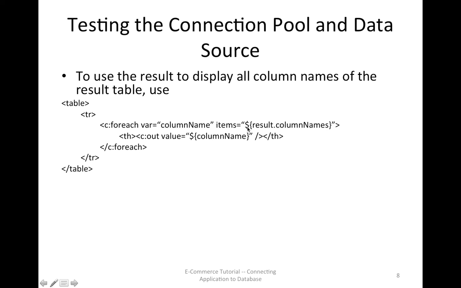Now, this is EL notation. This means result.getColumnNames, which will return a list. For each item in this list, we temporarily give it a name called columnName, just like a variable name. Then we will print out this variable's value.